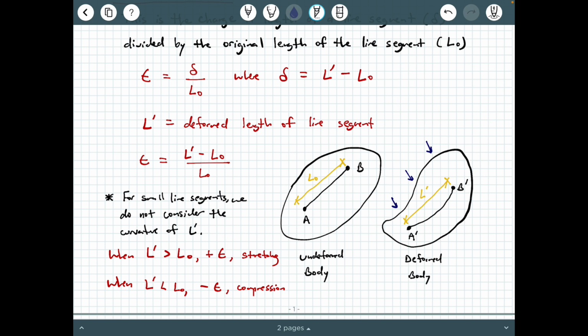Epsilon is also going to be equal to dL prime minus dL naught divided by dL naught. So this right here is the differential version of the earlier version of the formula that we wrote down.